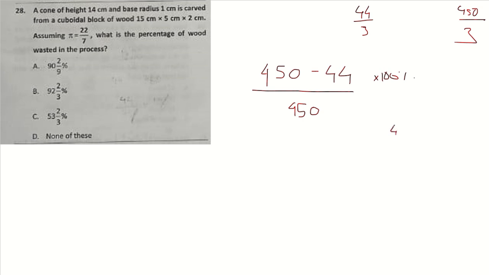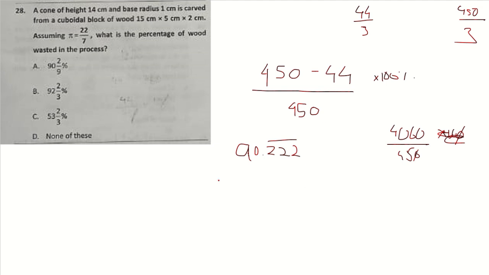And so this will be 406 upon 450 into 100%. This cancels, this will become 4060 upon 45, and the answer will come out to be 90.2222 bar, basically extending on indefinitely.